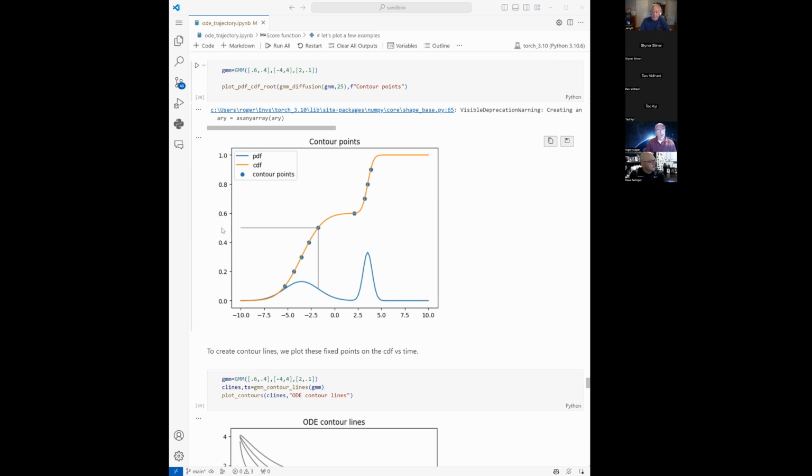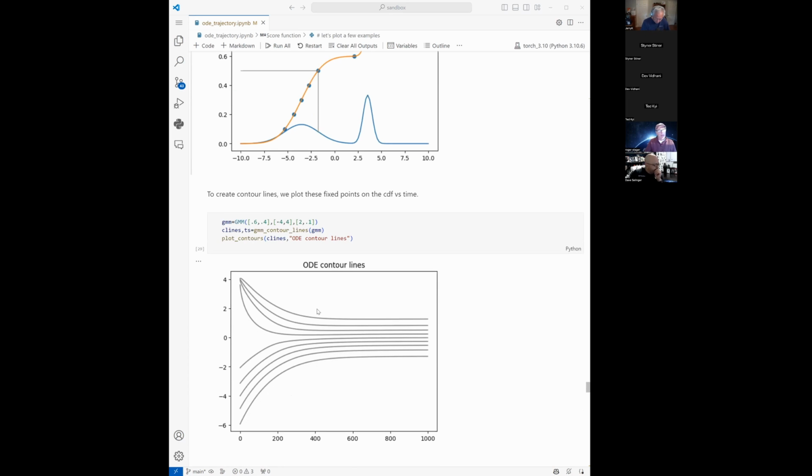Then I will search for a time at 0.5. That's probability 0.5, which means there's a probability of a random variable being below that of half the time. And then I'll search for what X gives me a CDF of 0.5? And that X is what I'm tracking.